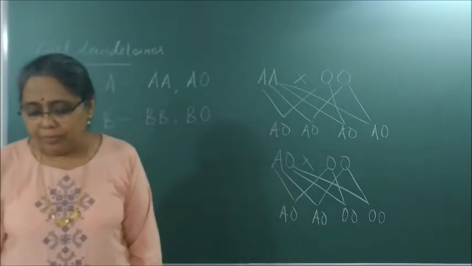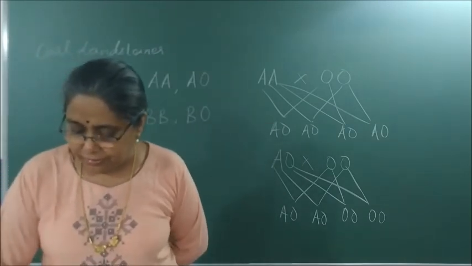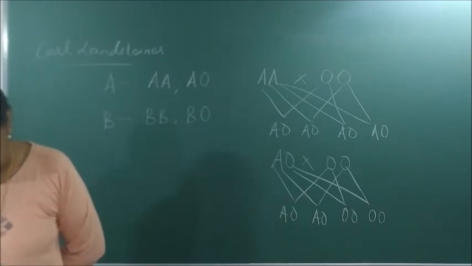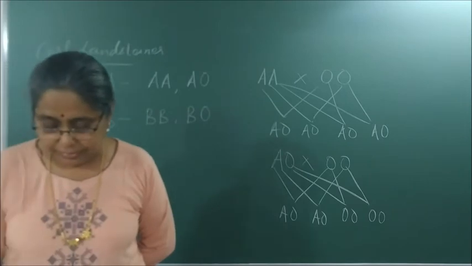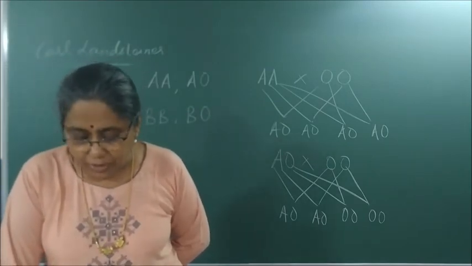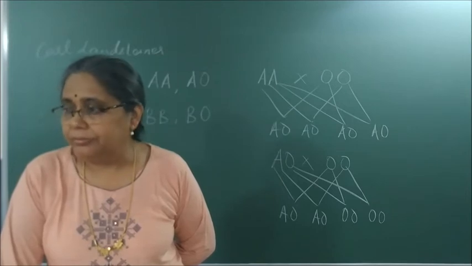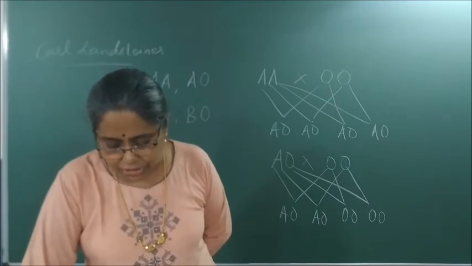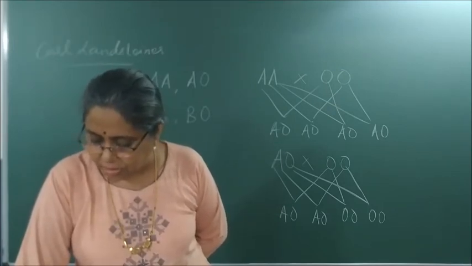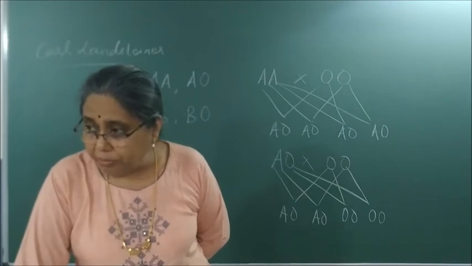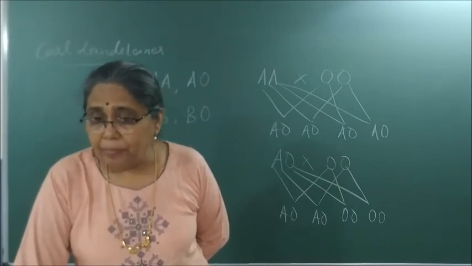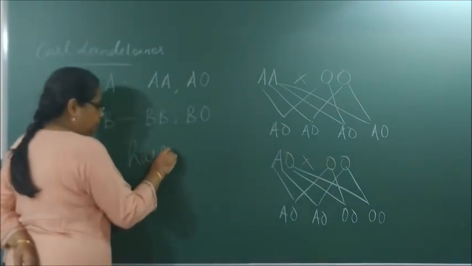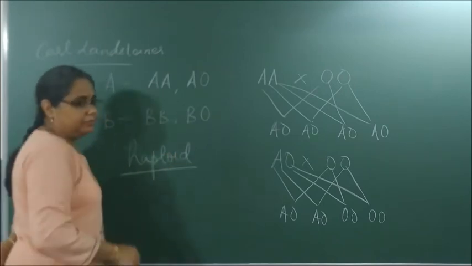Please write. The male and female reproductive cells divide by reduction division to form haploid gametes.